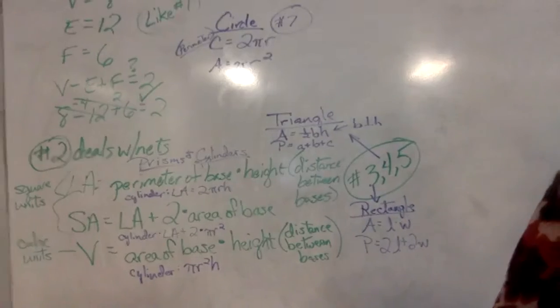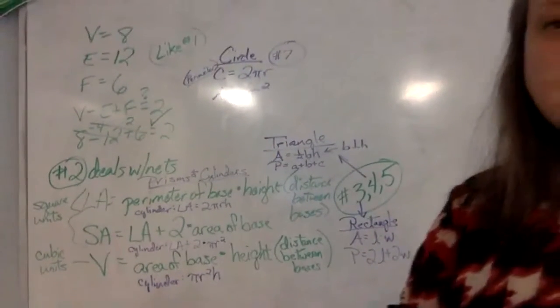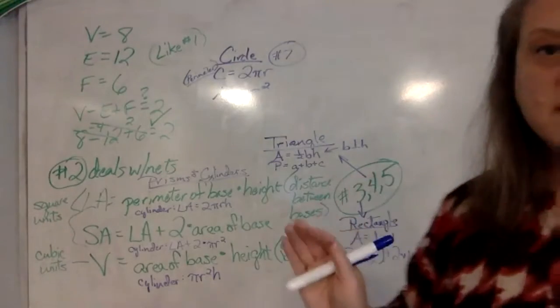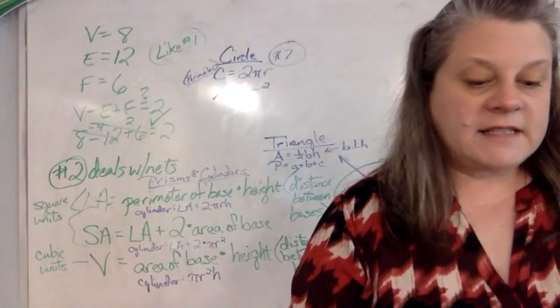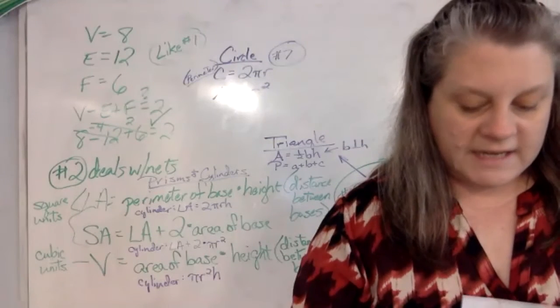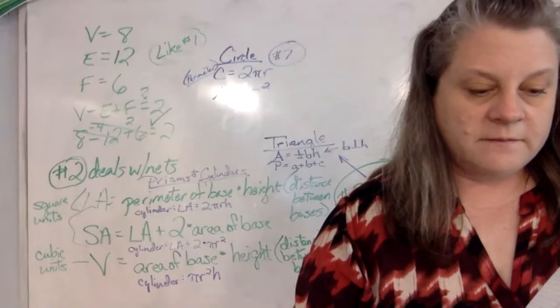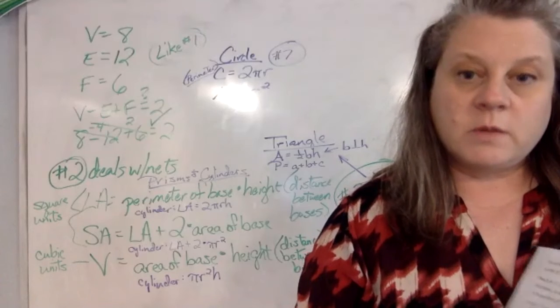So with what I've got up here on the board, you should be able to do 1 through 7 on the test. On the test, I think I told you I thought it went to 13. Yes, it goes to 13. But with what we've already talked about, you should be able to do 1 through 7.